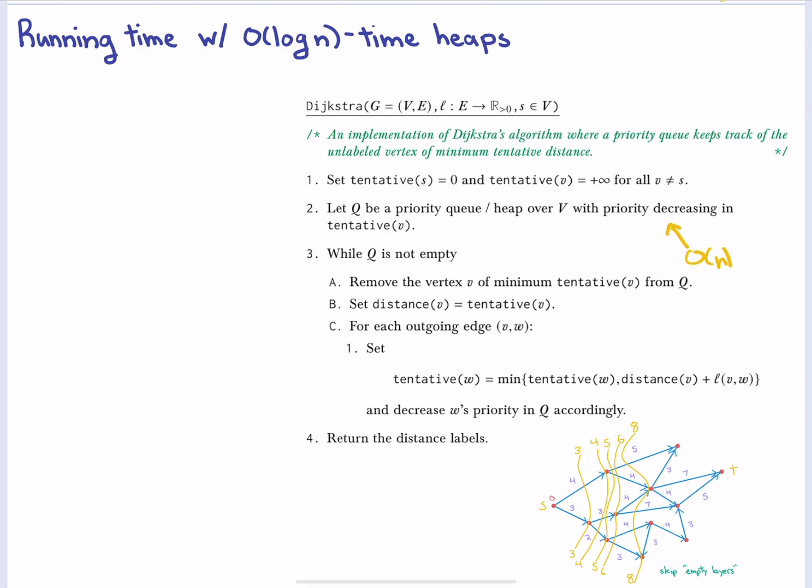There are n vertices, so that takes n log n time, no big deal. How many iterations of this loop, step 3, might we have? N, because each vertex will only get pulled out once. Once it's out of the heap, it's out of the heap.